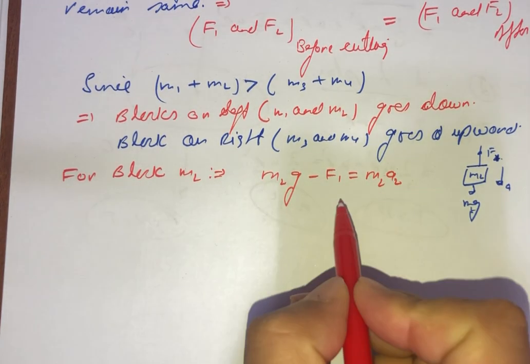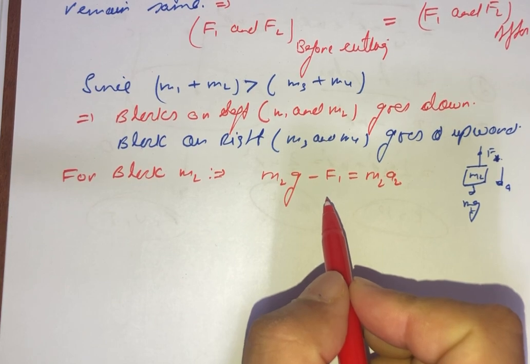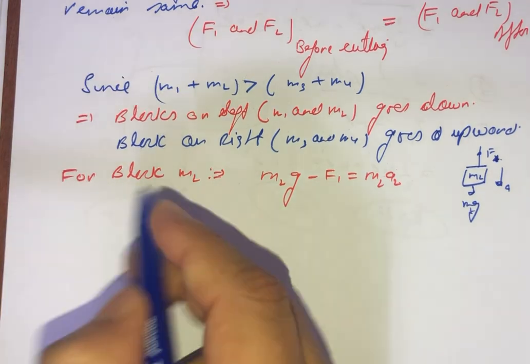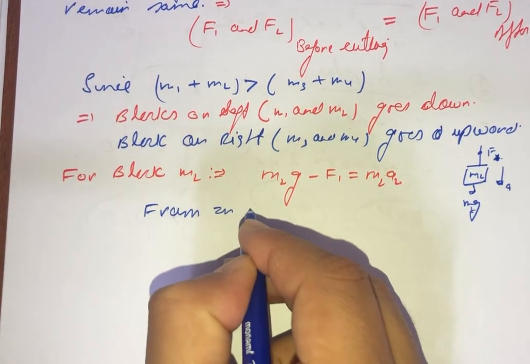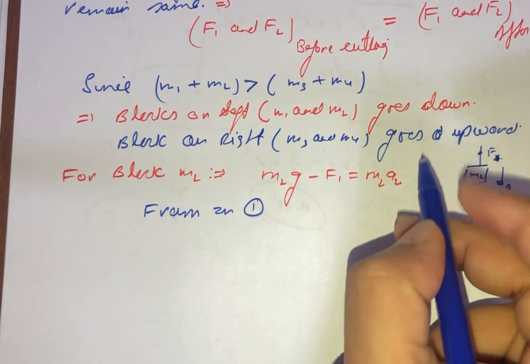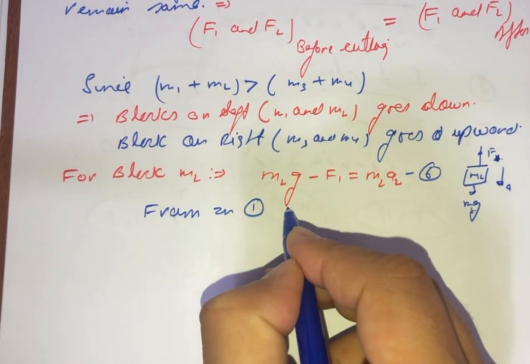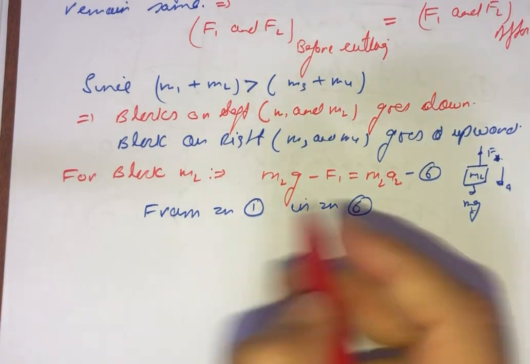So using equation 1, F1 is equal to M2G. Let this be equation number 6. From equation 1, in equation 6, F1 is given as M2G.